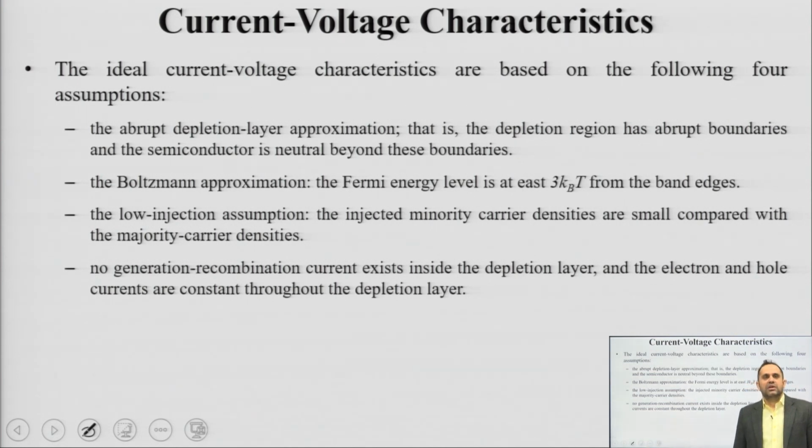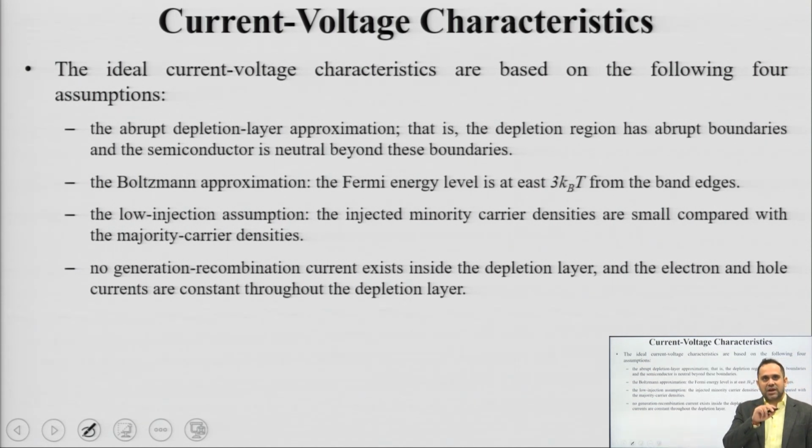We make a few assumptions, and these are fairly reasonable assumptions, they help you to ease the mathematical analysis. Devices are generally associated with a lot of mathematics, and some reasonable assumptions help you to ease that analysis. So, again we say that the PN junction which we have is an abrupt junction.